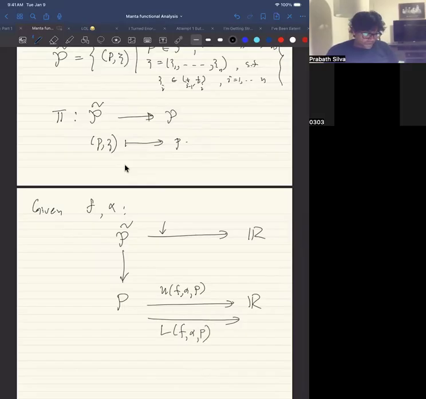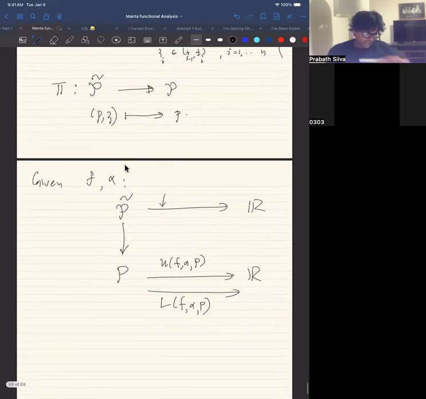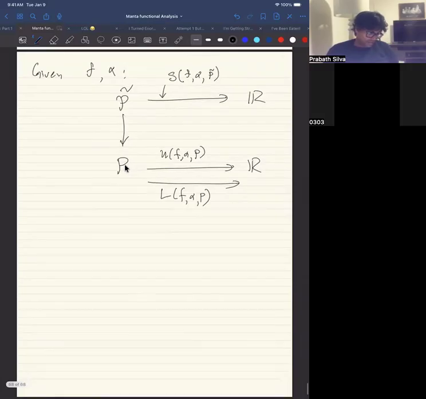But also you can define this guy, just the sum. Let's call it S(f, alpha, P, delta). So S(f, alpha, P, delta) is just this sum.